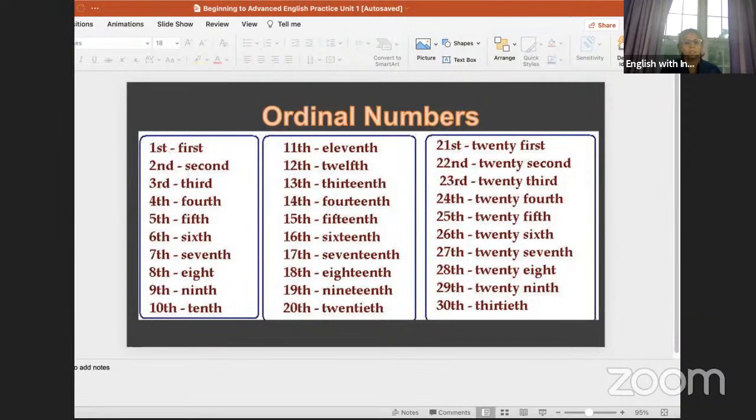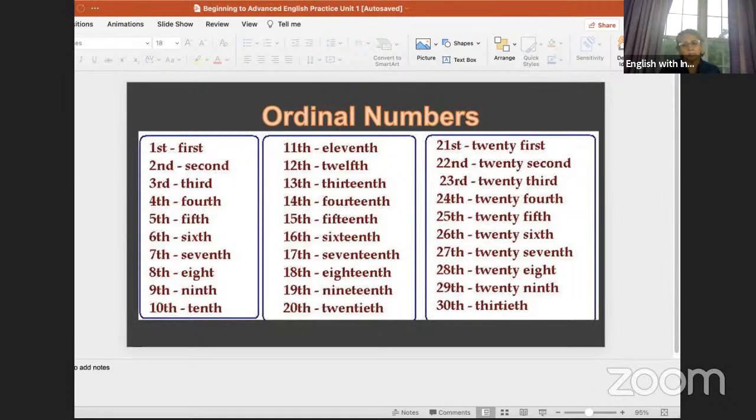Ordinal numbers: first, second, third, fourth, fifth, sixth, seventh, eighth, ninth, 10th, 11th, 12th, 13th, 14th, 15th, 16th, 17th, 18th, 19th, 20th, 21st, 22nd, 23rd, 24th, 25th, 26th, 27th, 28th, 29th, and 30th.